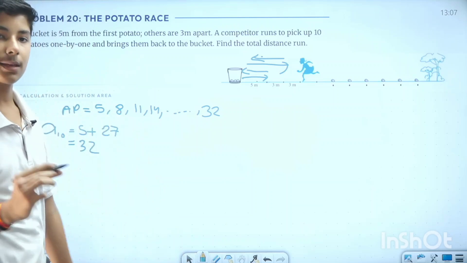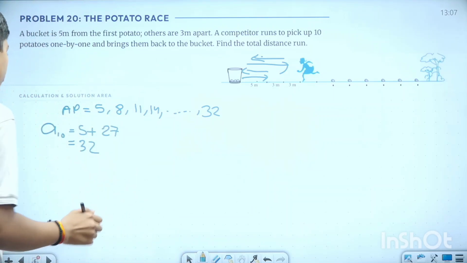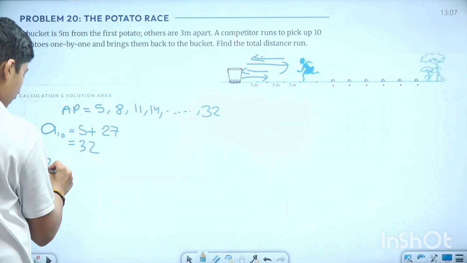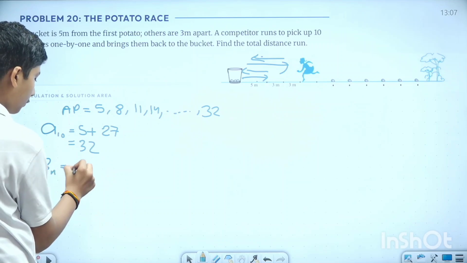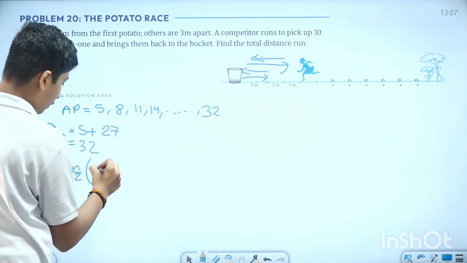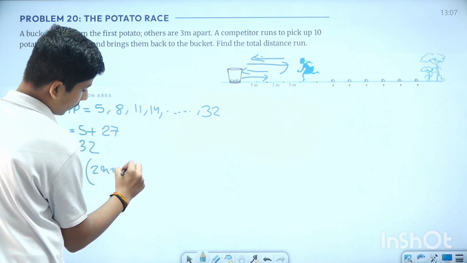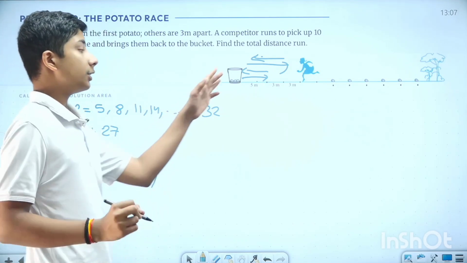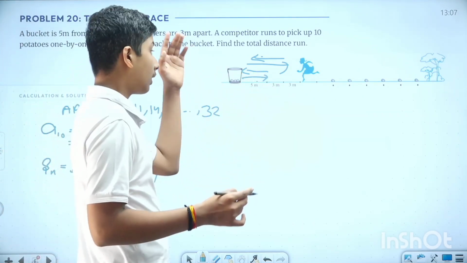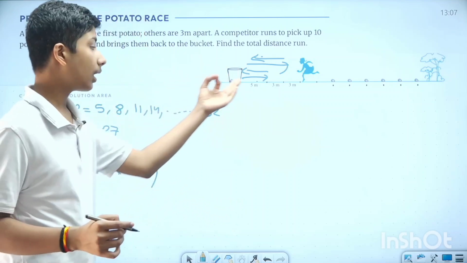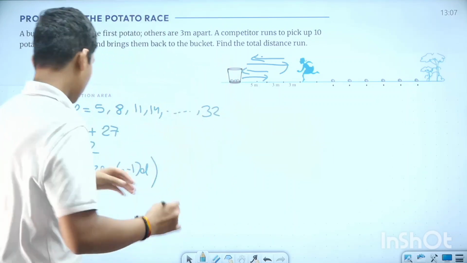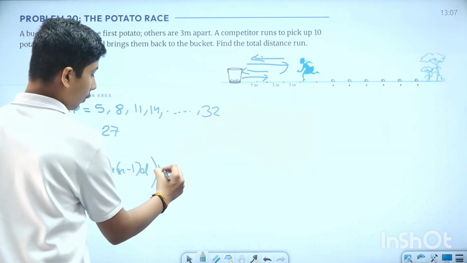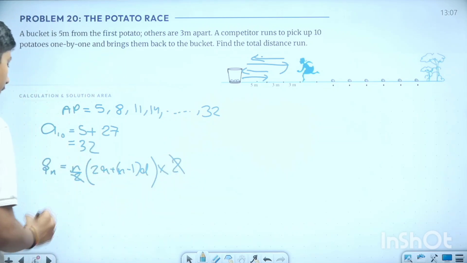So this cycle is continuing. So what we will do, Sn, the sum of n terms, equals n by 2 into 2a plus n minus 1 into d. She is covering each distance twice, so we will multiply the whole thing by 2. So this 2 will get cancelled.